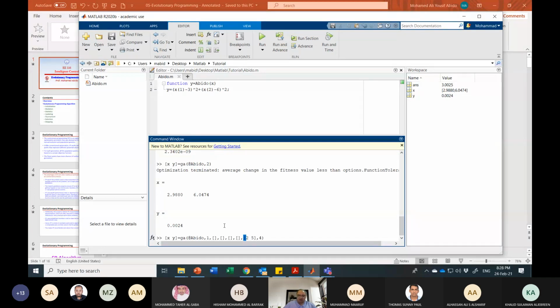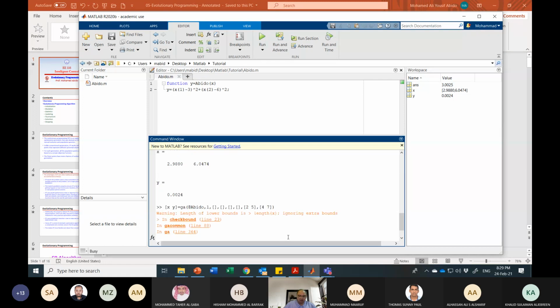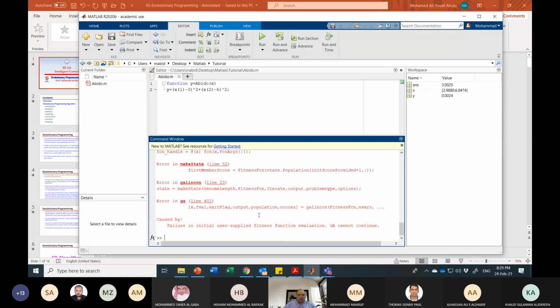And then these are the lower bounds of x1 and x2. The upper bound, we put 4 for x1, and let us put like 7 in x2. So this is the case now, and we can run GA to see this. What is this?